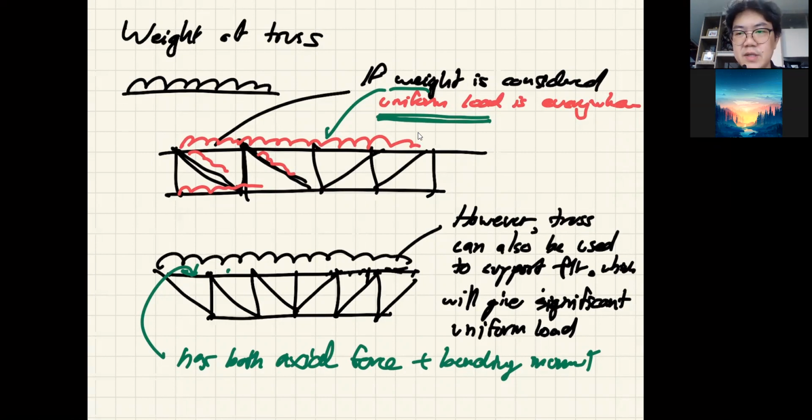Many structures in the real world actually utilize this because sometimes the span is large, and using an H-beam may be too heavy. So they decide to use a floor system like the truss to reduce the weight of the structure. So this is not uncommon. People do it, engineers do it.